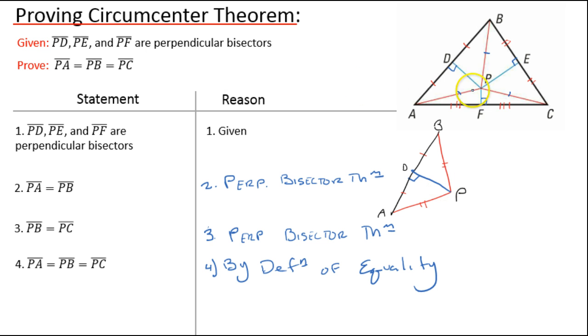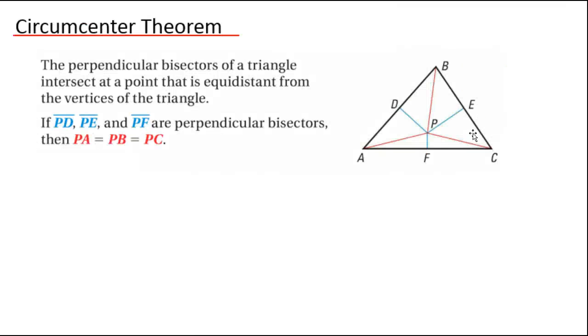Now what we just showed is that all of these red sides are congruent to each other. This was a great idea that somebody said, hey, we should make a theorem out of this. So then we have the Circumcenter Theorem.